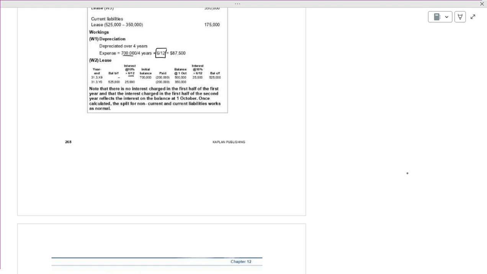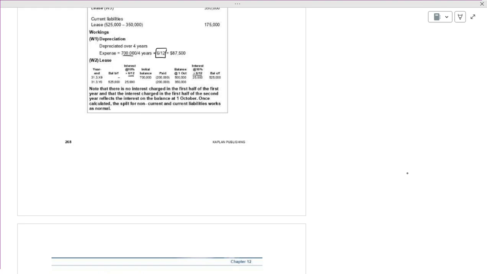They have taken the initial payment paid, and the balance on 1st October is how much? 700 minus 200. When you are calculating interest, we will calculate interest on the outstanding amount only. That is the simple understanding we should have.